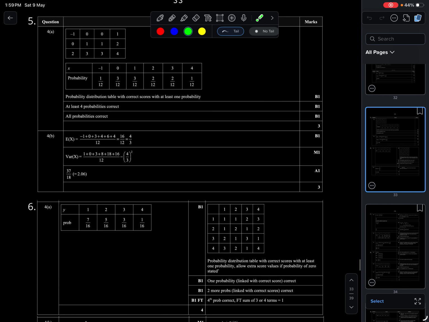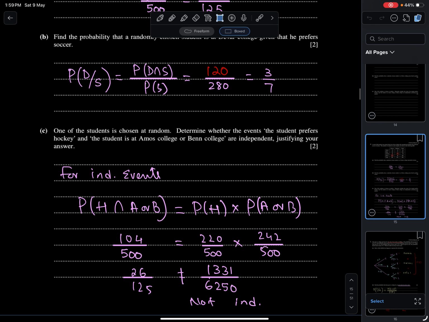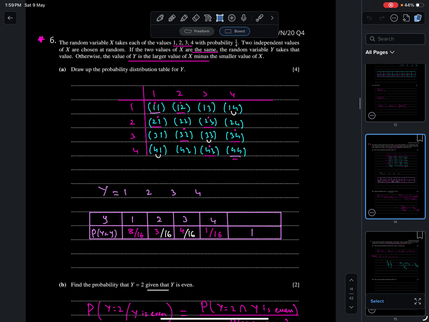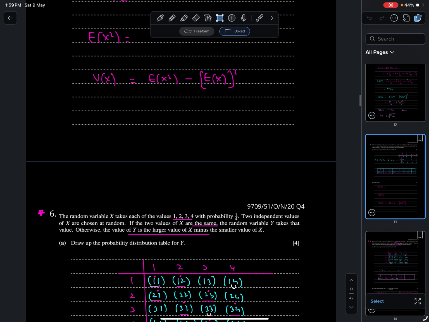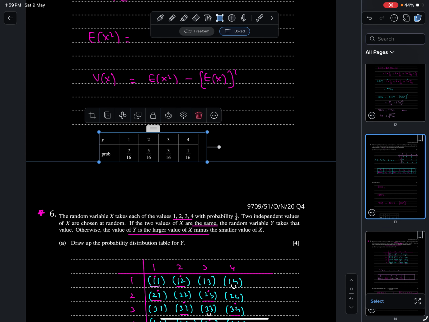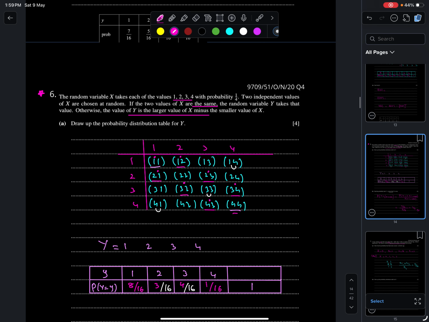Yeah, it's 7 upon 16 because it was coming 7 upon 16. 7, 5, 3, 1. Okay, let me copy this. So let me correct this. So 7 upon 16, it was by mistake.